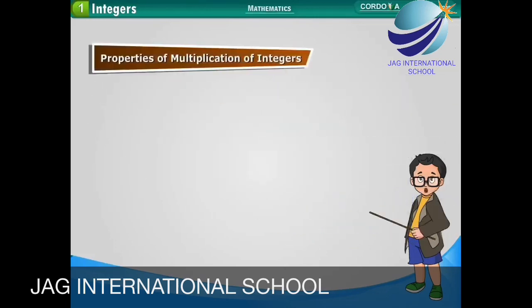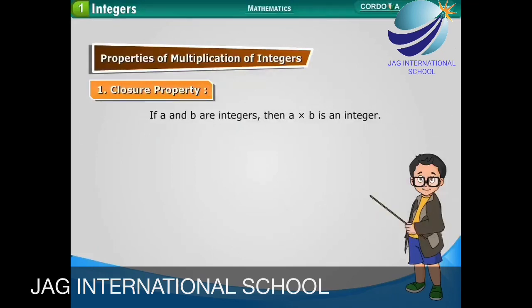Properties of multiplication of integers. Closure property: if a and b are integers, then a × b is an integer.